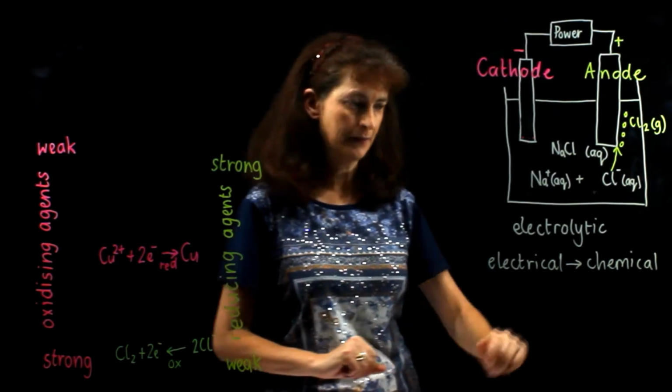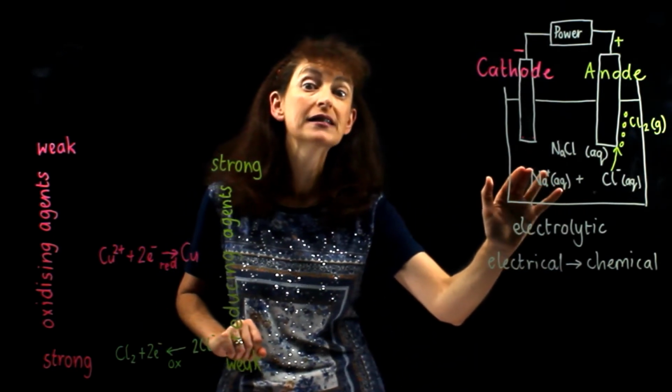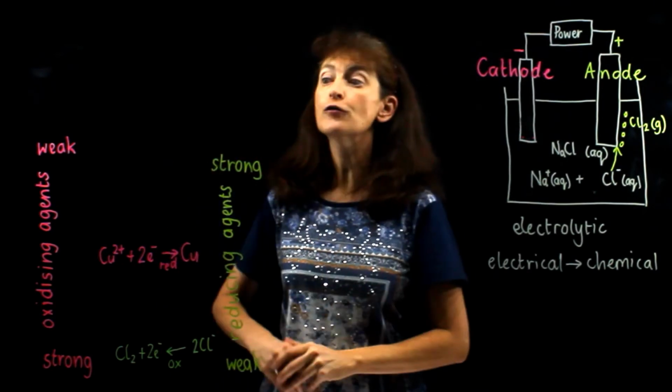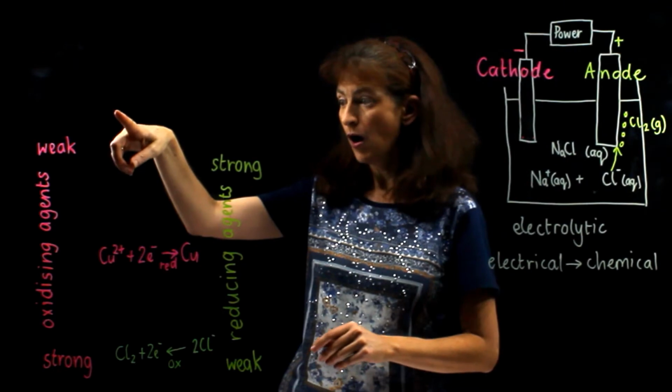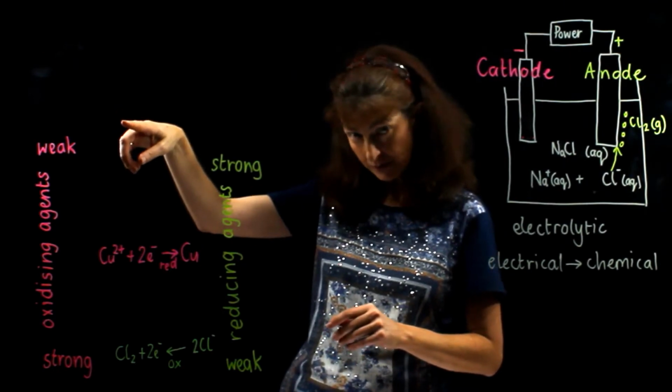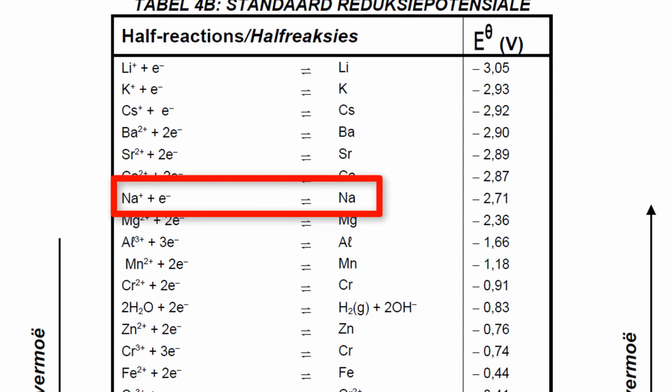Why is that relevant? Let's take a look at sodium ions in this table, and you find them way up here on the top left, changing into sodium the metal, which is way up on the top right.